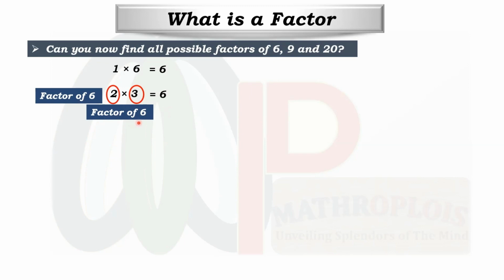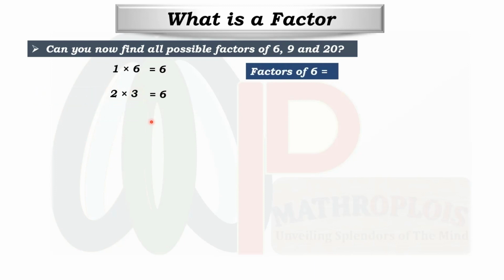Now, let us write all possible factors of 6. Please note here we usually write factors of a number in ascending order, means from smallest factor to highest factor. All possible factors of 6 are 1, 2, 3, and 6.